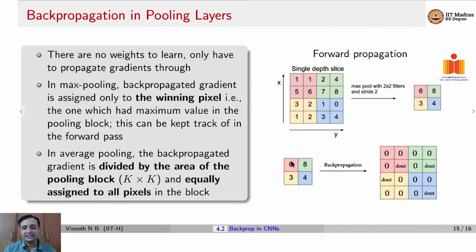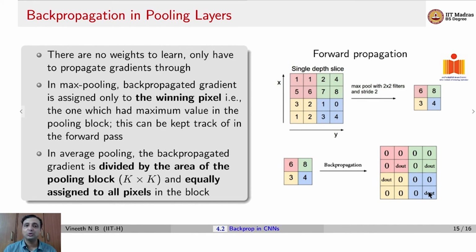The full gradient at 6. Remember, we assume that when we backpropagate, the gradients until this step for each of these pixels is known to us. We only have to see how to backpropagate those gradients across the pooling layer. All this gradient goes to this location, all this gradient goes to this location, all this gradient goes to this location because that was the position of the winning neuron, and similarly for this one.